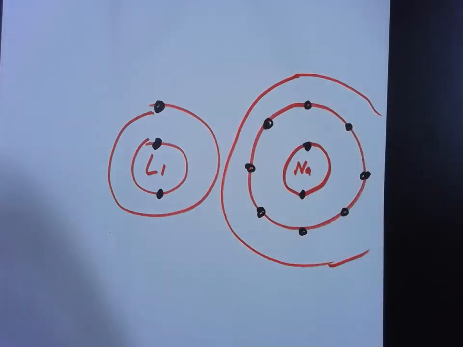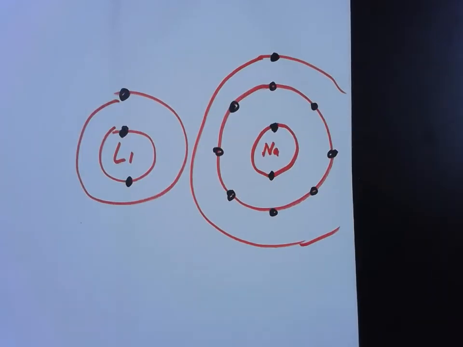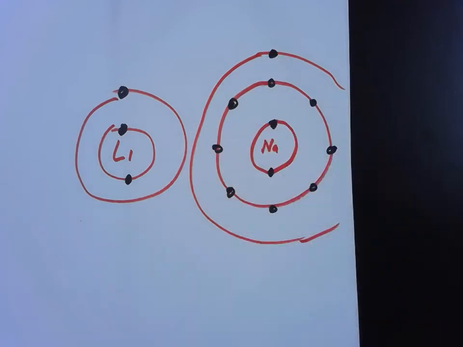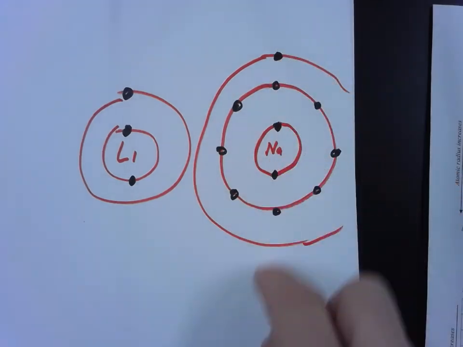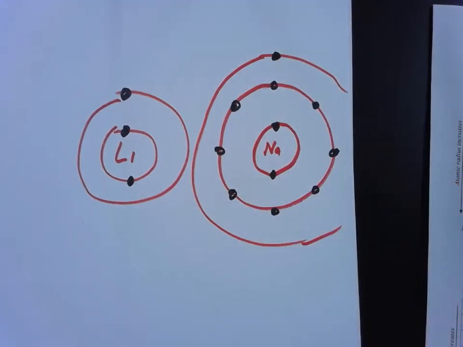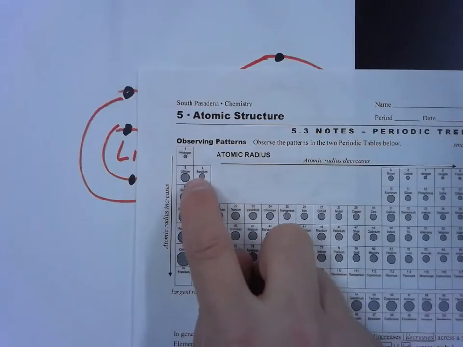So why is sodium's radius bigger? Because it needs more rows to accommodate the number of electrons. We call these shells. It needs more shells to accommodate the number of electrons. So that's why the radius of sodium is bigger than the radius of lithium.